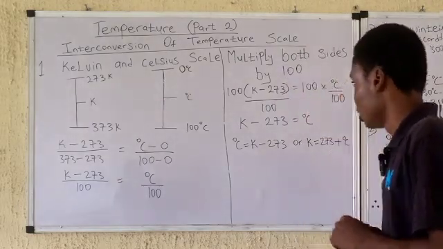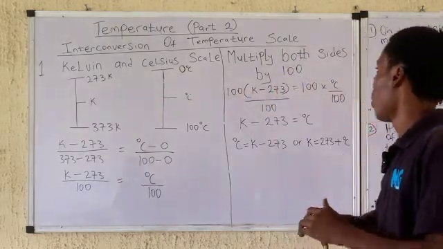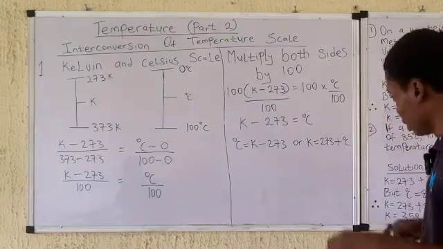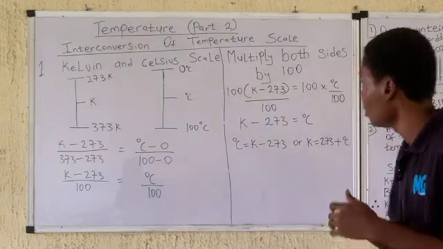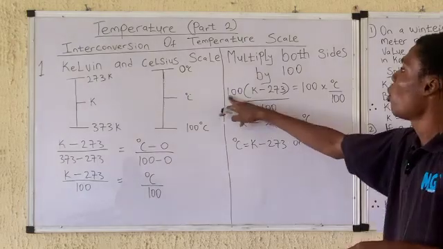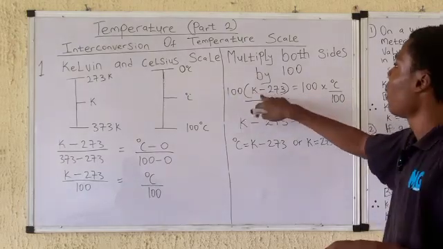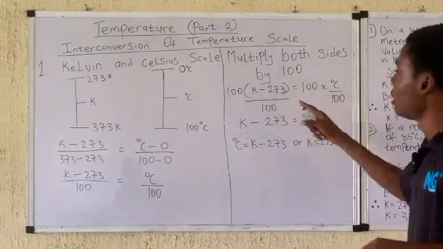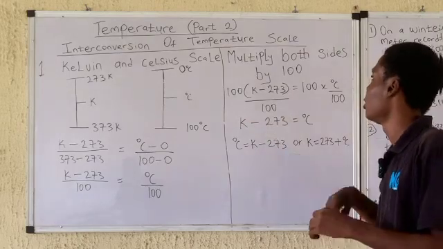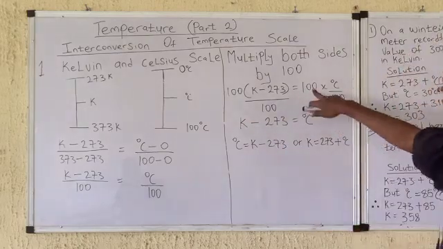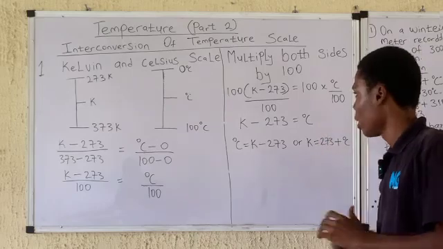Now, the next step, we have to multiply both sides by 100. Multiplying both sides by 100, we have 100 in brackets, Kelvin minus 273, divided by 100, equal to 100 multiplied by degrees Celsius, divided by 100.